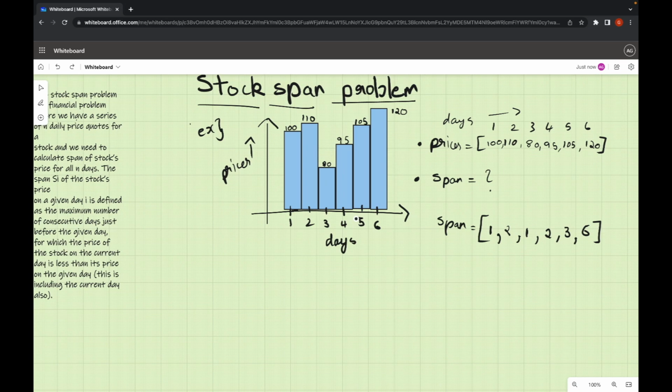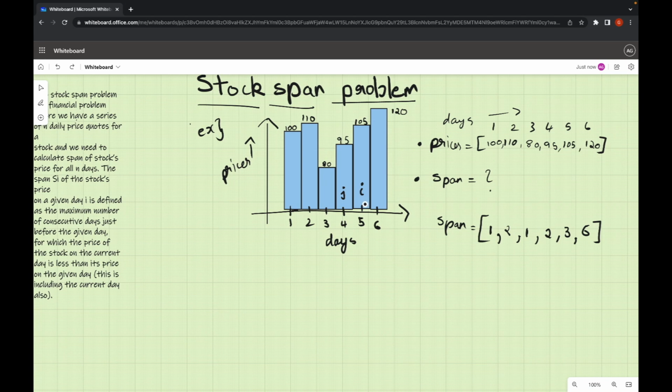So let's look into a much more efficient algorithm, and I call it jumping pointers. We'll solve it using jumping pointers. Let's say you want to calculate the span on some given day i. So you take an index to point on that day. Let's assume I'm calculating it for day 5, and you initialize an index j, which is i minus 1.